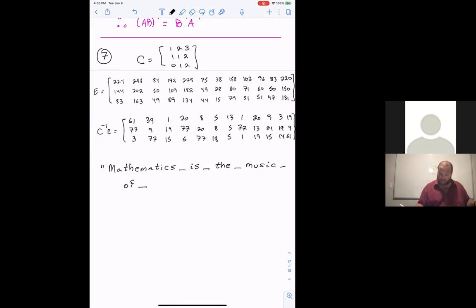Mathematics is the music of 18 R, 5 E, 1 A, 19 S, 15 O, 14 N, 61, quotation marks. Mathematics is the music of reason.